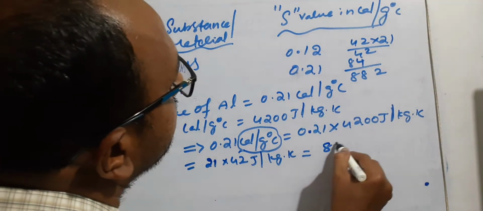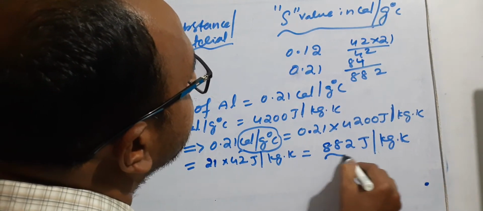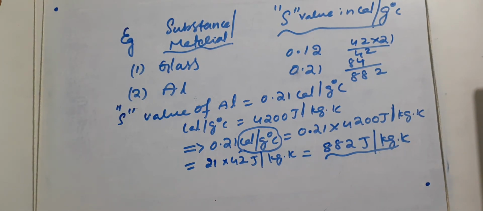So 882 joule per kg kelvin is the specific heat value of aluminium in the SI system.